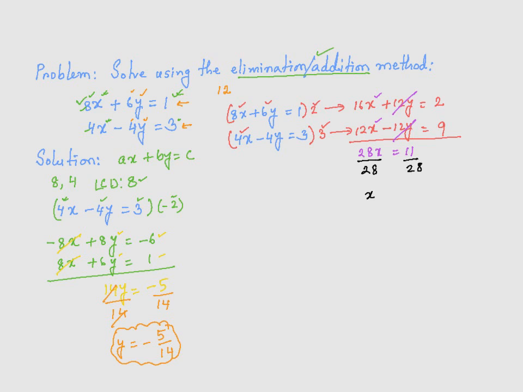That gives me x is equal to 11 over 28. So my x coordinate is 11 over 28. So x comma y is going to be 11 over 28 comma negative 5 over 14.